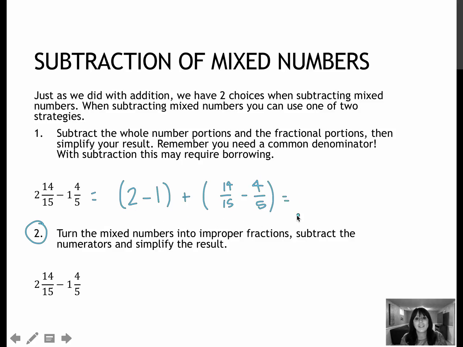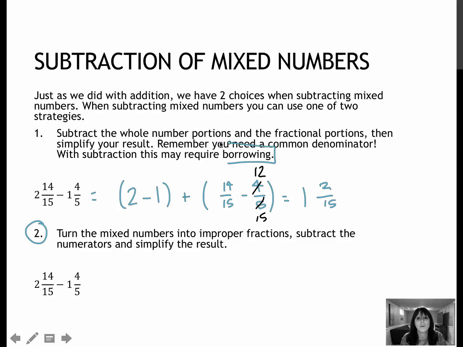And for this one, it doesn't work out too horribly bad. Again, I would take this times 3 and this times 3. So 2 minus 1 would give me 1, and then 14 minus 12 would give me 2/15. So on this one, it's not horrible because the 14/15 happen to be greater than the 12/15.